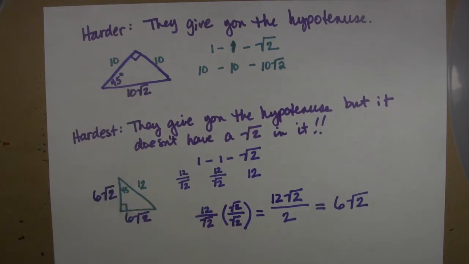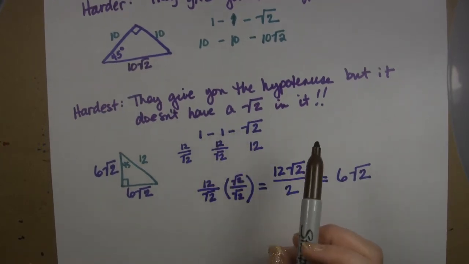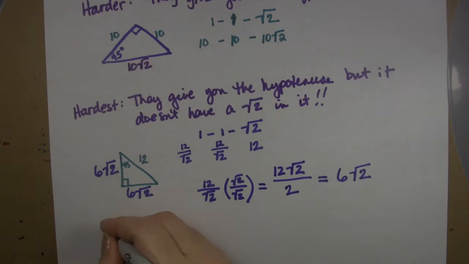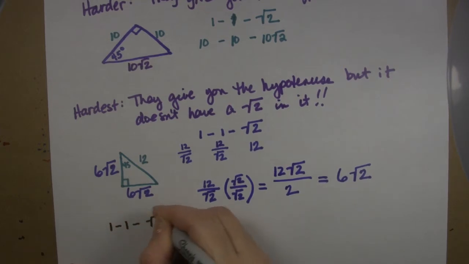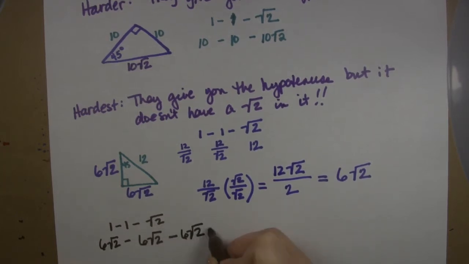6 root 2. And just in case you did not believe me, I could prove it to you. Remember how it's supposed to be 1 to 1 to radical 2? Well, if I did 6 root 2, 6 root 2, and then 6 root 2 times root 2, what would I get?